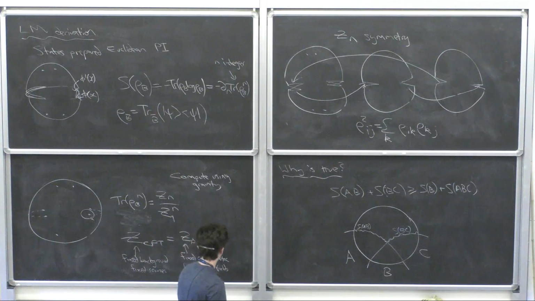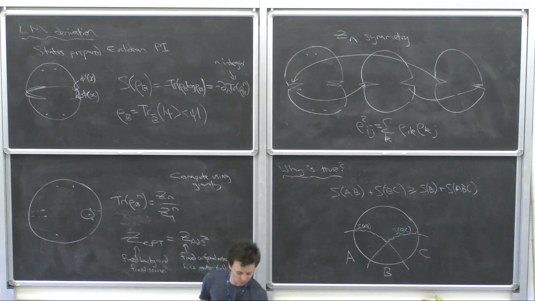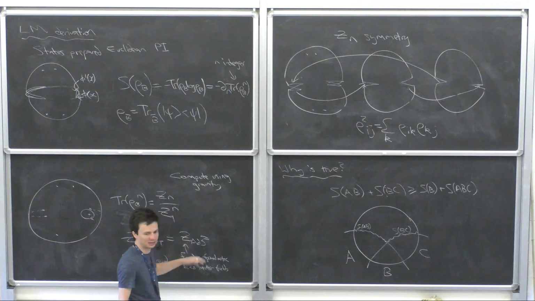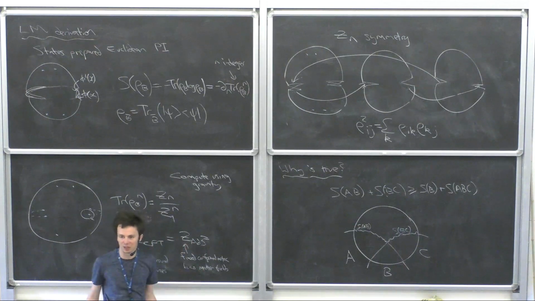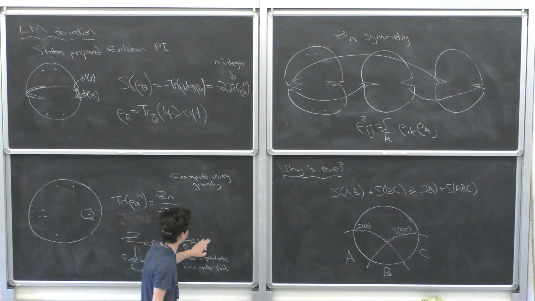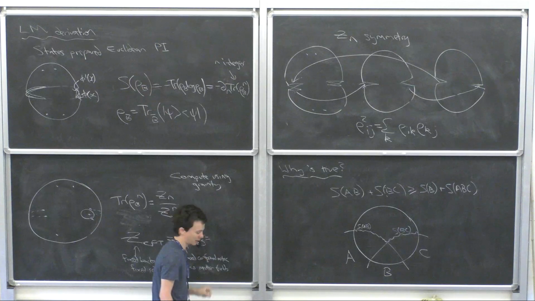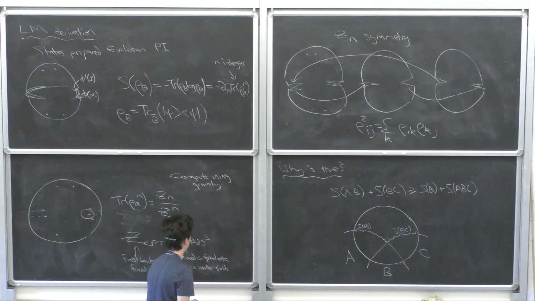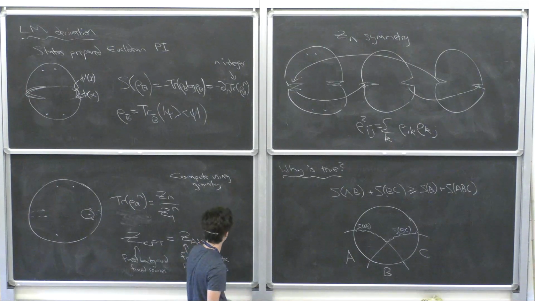Okay, so we're going to compute this Z_AdS, but we're going to compute it in a semi-classical approximation. So this is in principle a full gravitational path integral, but we don't really know what that means or how to do that. So we're going to treat it as a semi-classical computation where we have some set of possible saddle point geometries.